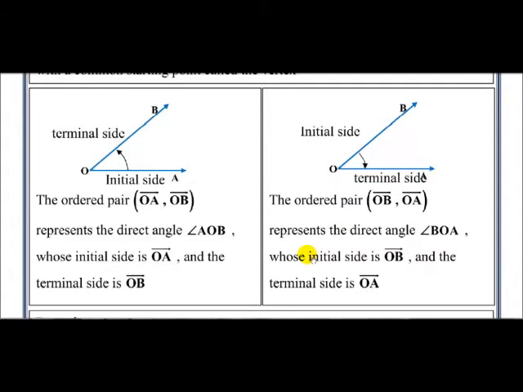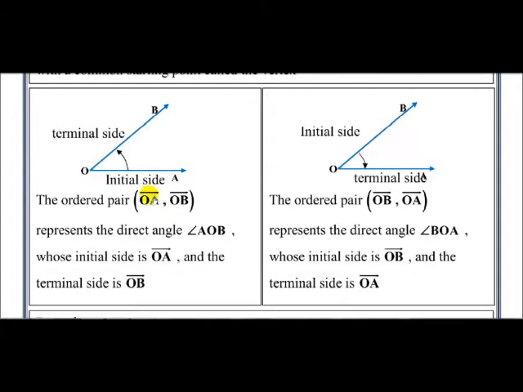The question: I have two directed angles here. The first is OA and OB, the second is OB and OA. Are these two directed angles equal? For sure not. Why?